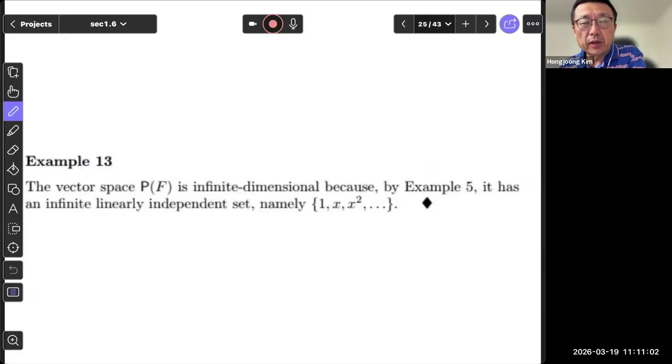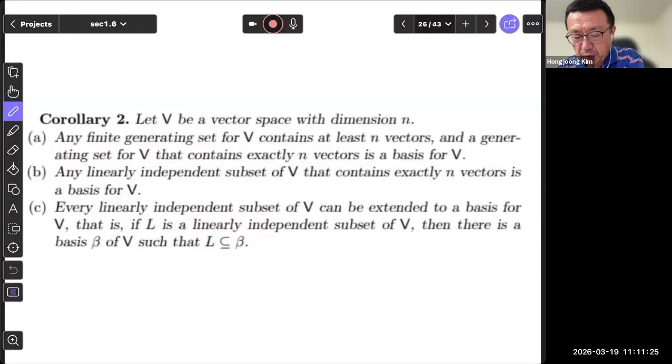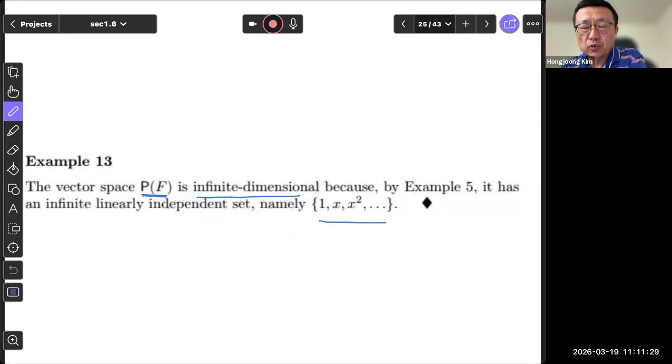Now in example 3, as I said, this P(F) is an infinite dimensional space because no finite set generates it. We need infinitely many vectors. So this is a little bit different. In our class, we will usually consider finite dimensional vector spaces.